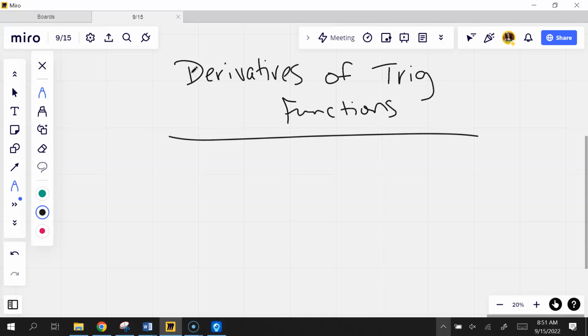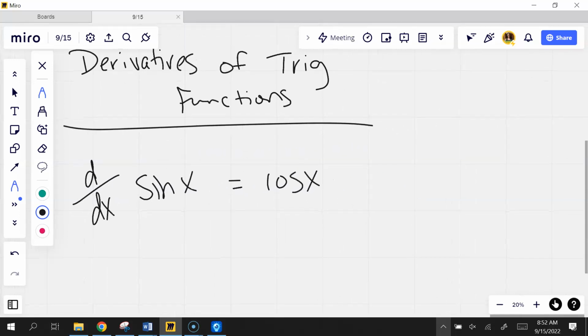All right, the derivative. I don't know that I need to write all these, but we will. The derivative of sine x is cosine x. But the derivative of cosine x is negative sine x.